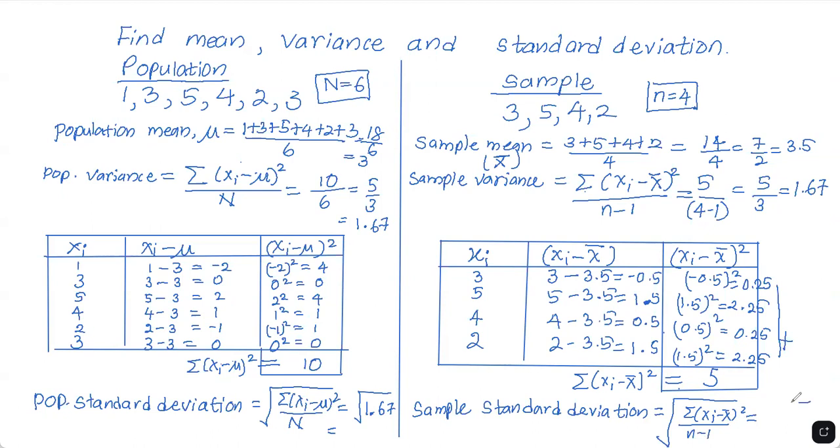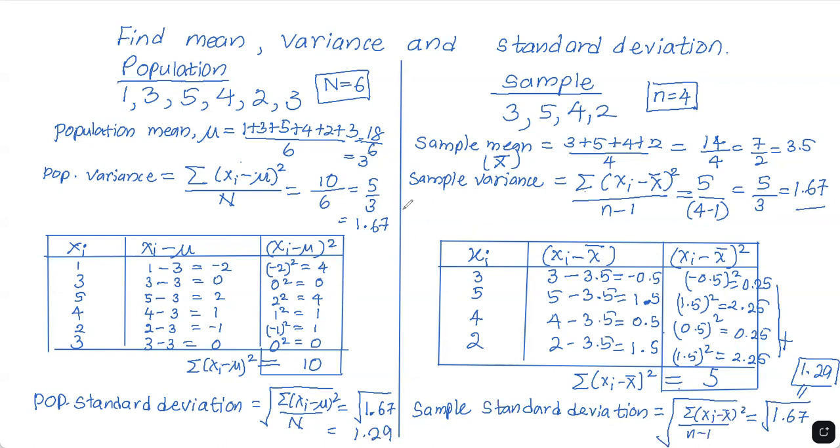That is the square root of this number, the variance, 1.67. The square root of 1.67 is 1.29. So the standard deviation is 1.29. Here also 1.29.